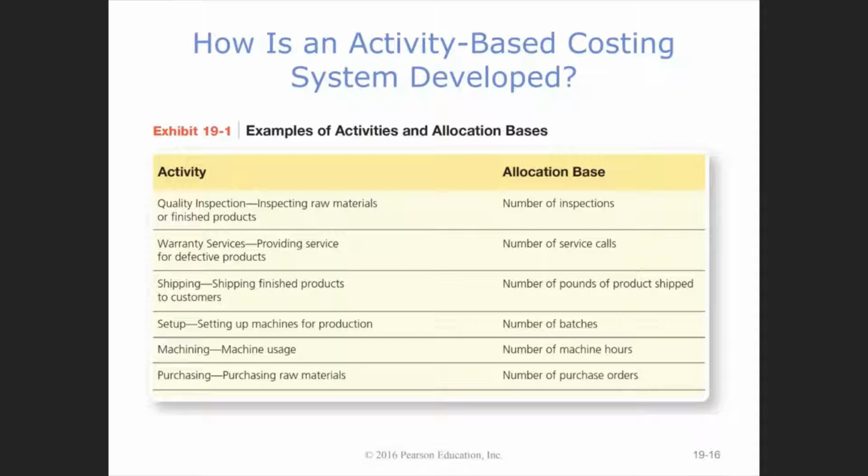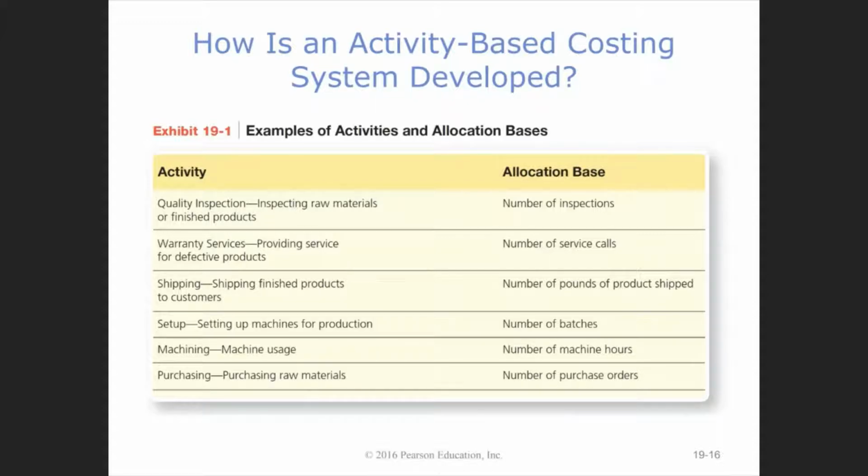We're inspecting raw materials or finished products, and the allocation base is going to be the number of inspections, which is going to be the denominator. The base, the bottom. That's for all of these, by the way. The allocation base is going to be the bottom.